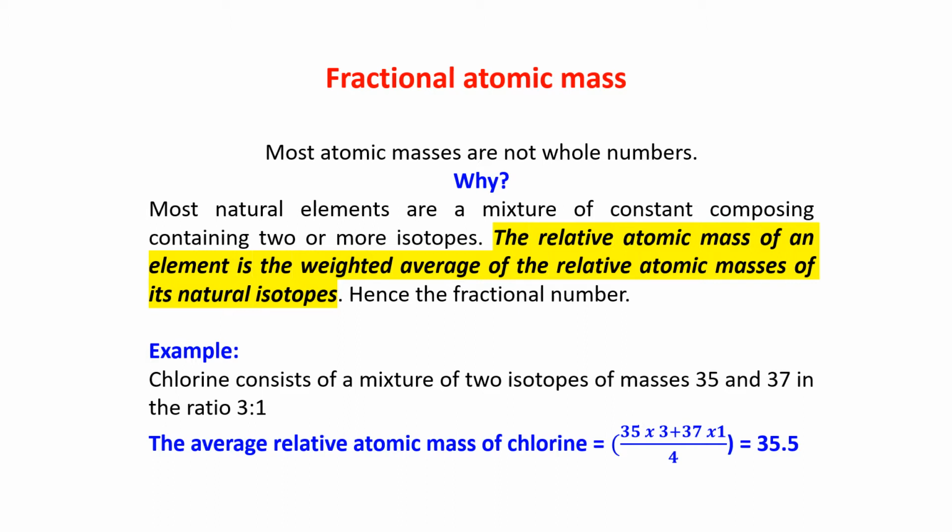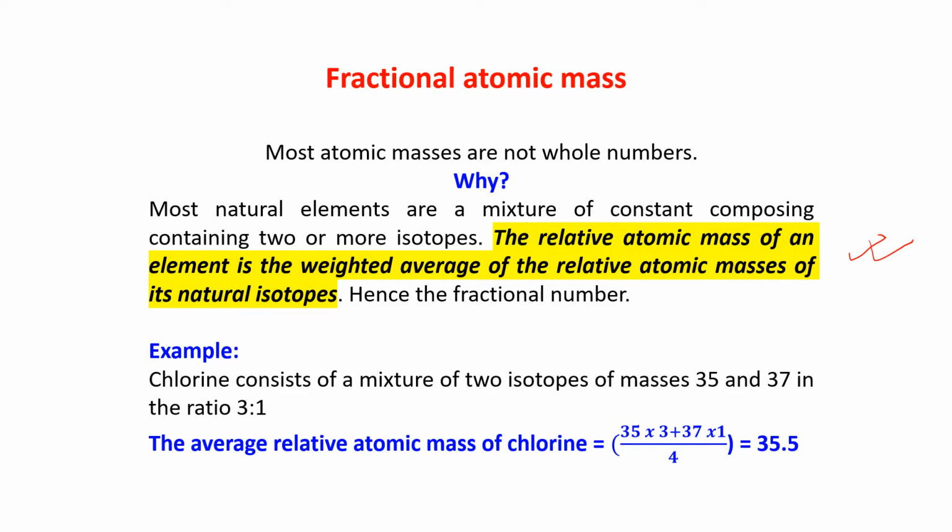The relative atomic mass of an element is the weighted average of the relative atomic masses of its natural isotopes. And that is why we are getting the fractional number.